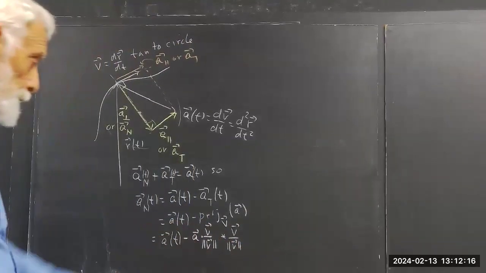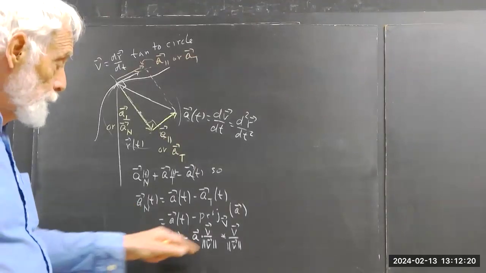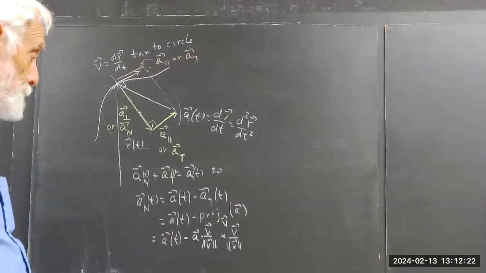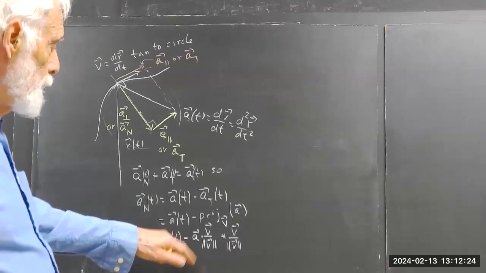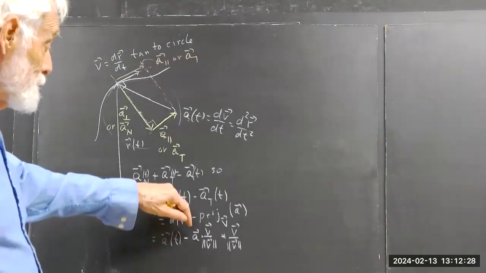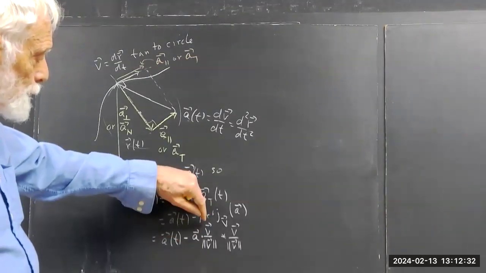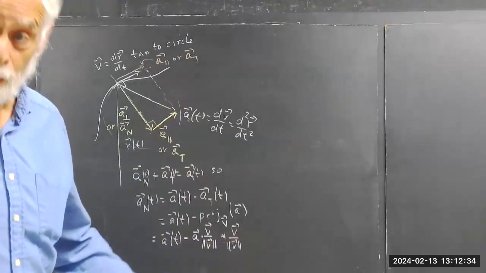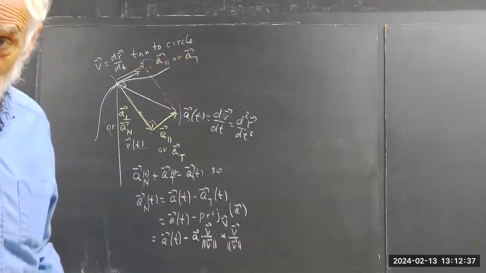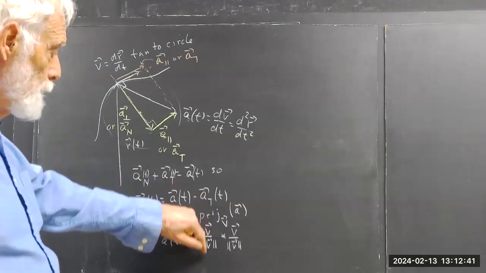If you didn't get this when I said it earlier, get it now. This is how you do it. You take the dot product of A with the unit tangent vector, the unit vector in the direction of V, which is V over its magnitude. It's just A dot the unit tangent vector, but I write it as A dot V over magnitude.